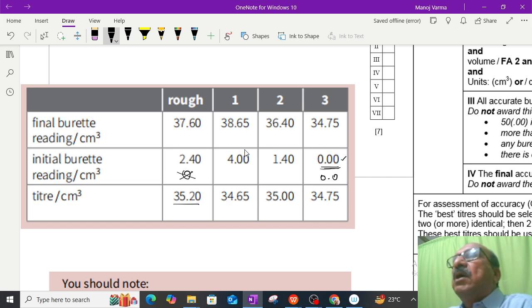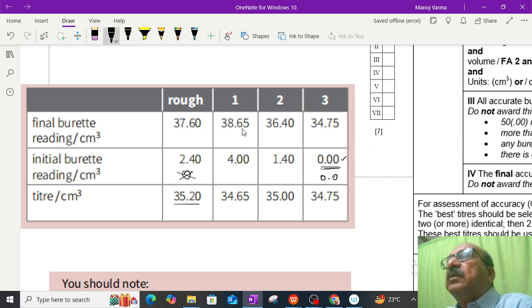Then obviously you have to perform other titrations. In this table, 3 different titrations have been performed, and they have got these values. Again, the reading should be written up to 2 decimal places. Here it is 38.65. It means that if you look at the reading, it is between 38.6 and 38.7.